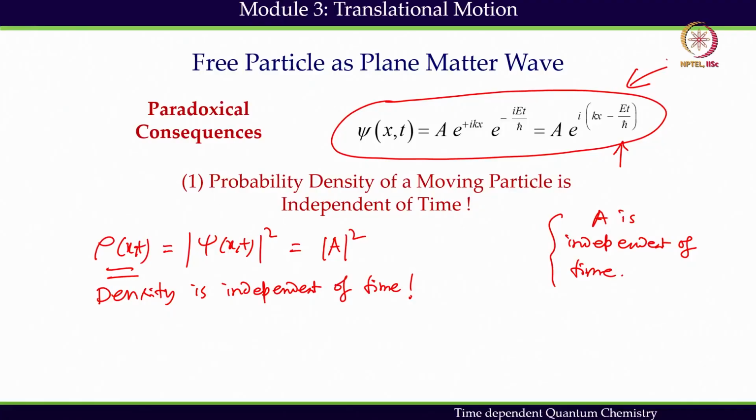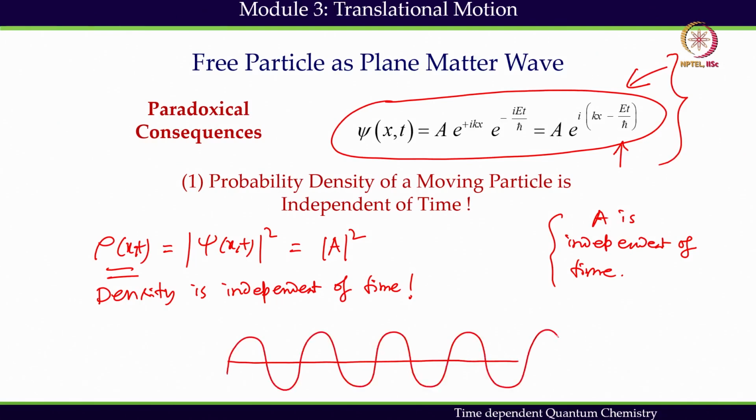So, in order to observe any evolution, time evolution or dynamics or motion of a particle in quantum mechanics, its density should change as a function of time. On the other hand, what we see here, if I consider this as a solution of the particle, how does that particle look like then? A particle look like this.